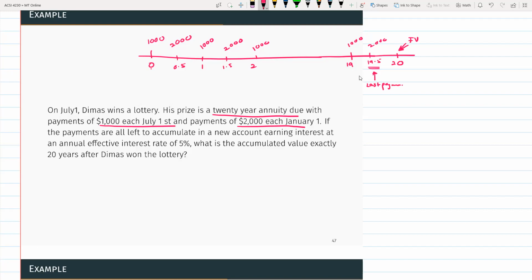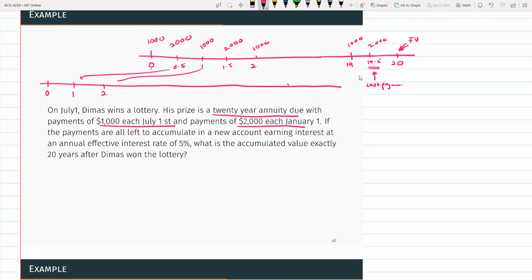Now, since we have decimals, 0.5, 1.5, 19.5, we can expand it to integers. So I can say 0, 1. So 0.5 becomes 1 and 1 becomes 2.